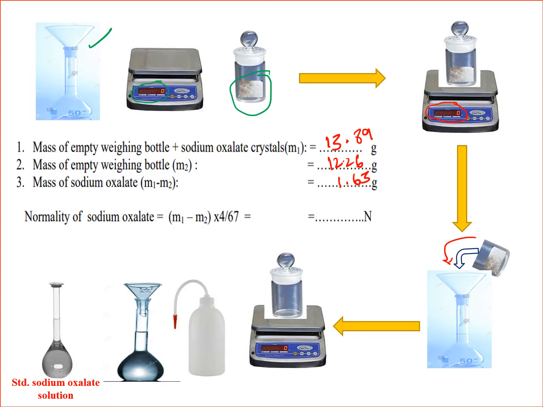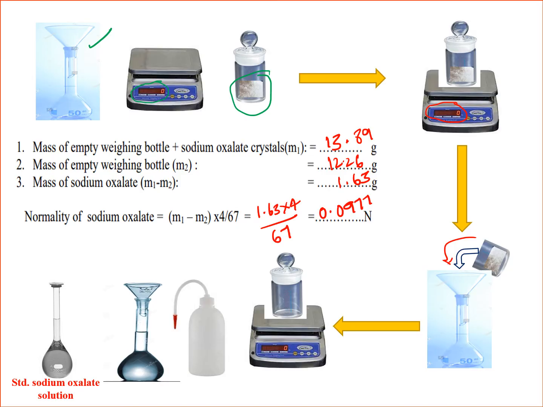So you substitute that value here: 1.63 into 4 rho divided by the equivalent weight of sodium oxalate, that is 67. The value you get is the normality of your prepared sodium oxalate solution. That is 0.977 as per my weight. This is the exact normality of your solution.